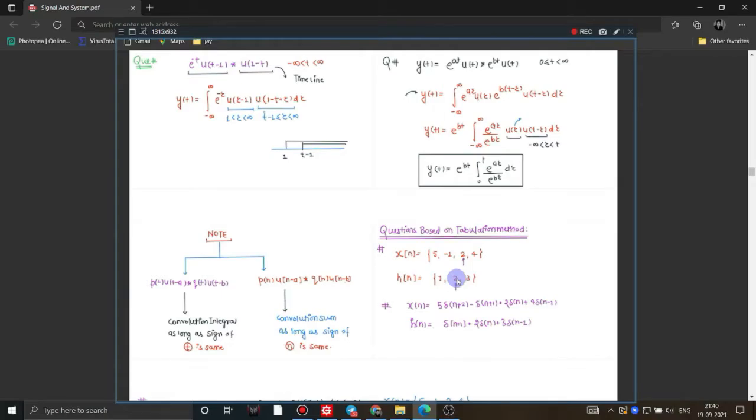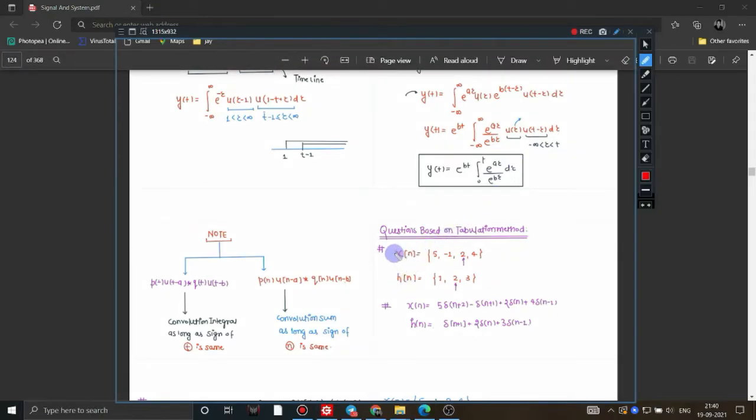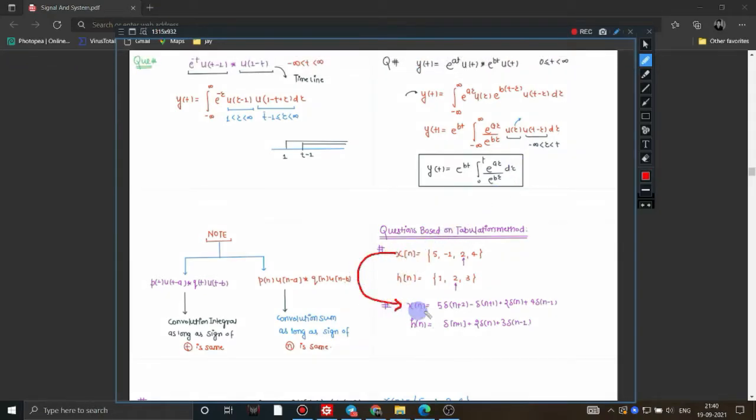So just like a discrete time function in the time domain, we can write xn as a function of impulse functions like this. Amplitude is 5, and it is at minus 2, so 5 del n plus 2, and for this minus 1 we write minus 1 del n plus 1, for this 2, 2 del n, and for this 4, 4 del n minus 1.